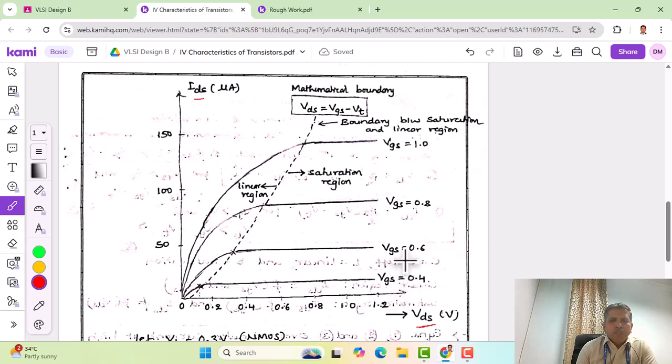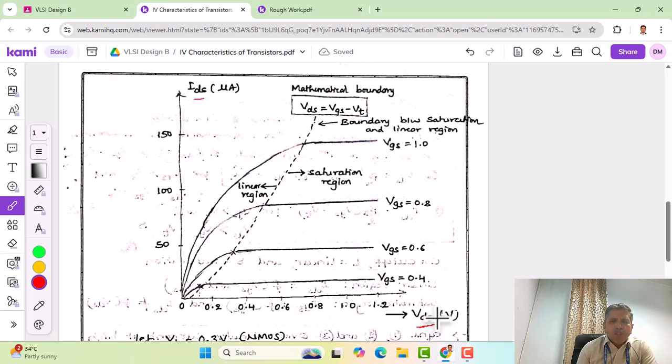So gate source voltage must be kept constant, and for every gate source voltage, the drain to source voltage must be varied in steps, and the current that we obtain can be plotted along the y-axis. Here, for simplicity, we have taken a couple of gate source voltages, namely 0.4, 0.6, 0.8 and 1.0. These are the various gate to source voltages that we have chosen.